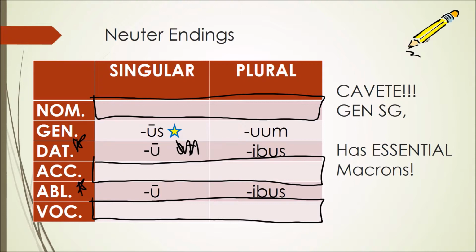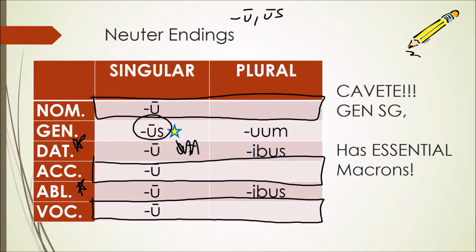As I've previously discussed, the neuter nominative singular for fourth declension is a U, which means that the accusative and the vocative are also U's. In the singular, the only form that is not a U is this genitive singular, which is part of the dictionary entry for when you memorize your nouns.